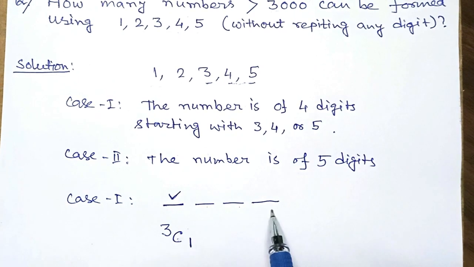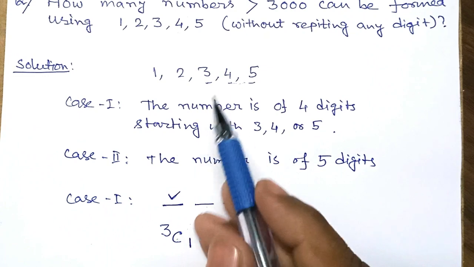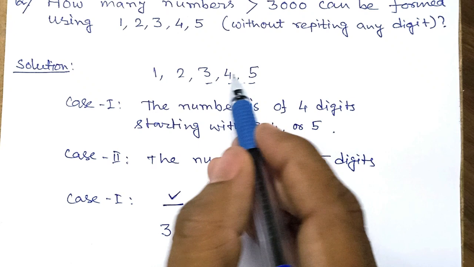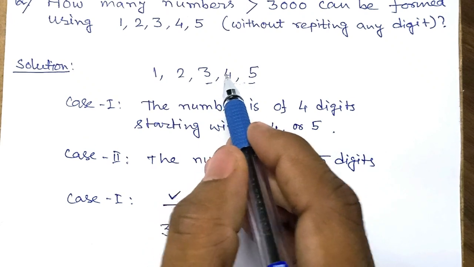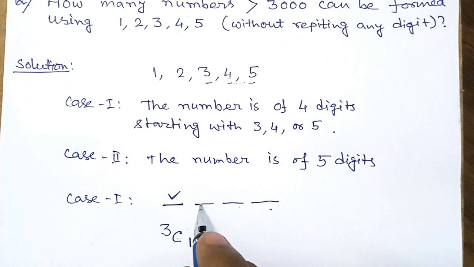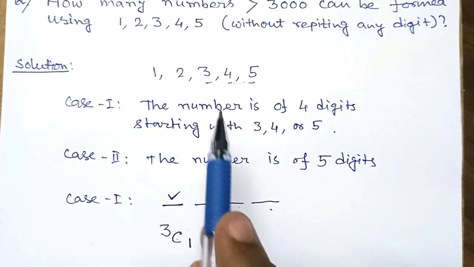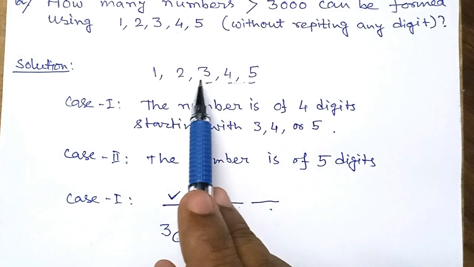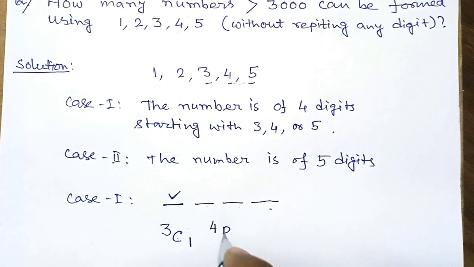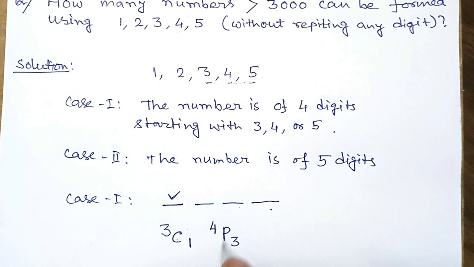Now we have 3 blank spaces, and as we cannot repeat any digit, one of the digits has already been taken, so we are left with only 4 digits. In these 3 spaces, the digits from the 4 available digits can be arranged in 4P3 ways.